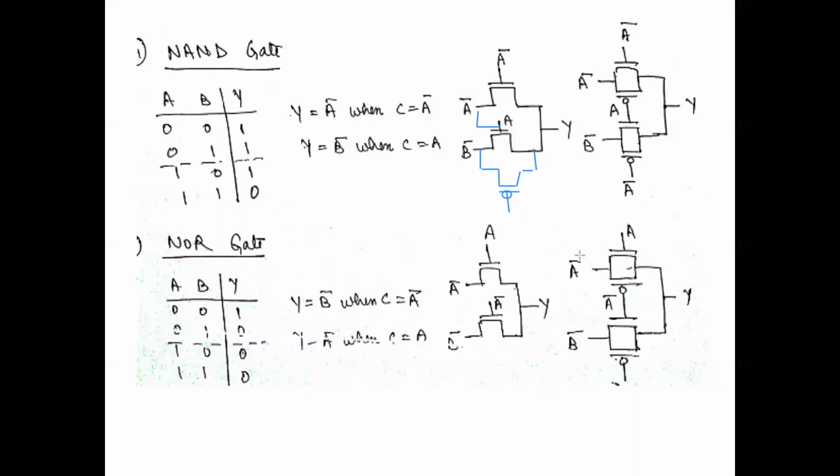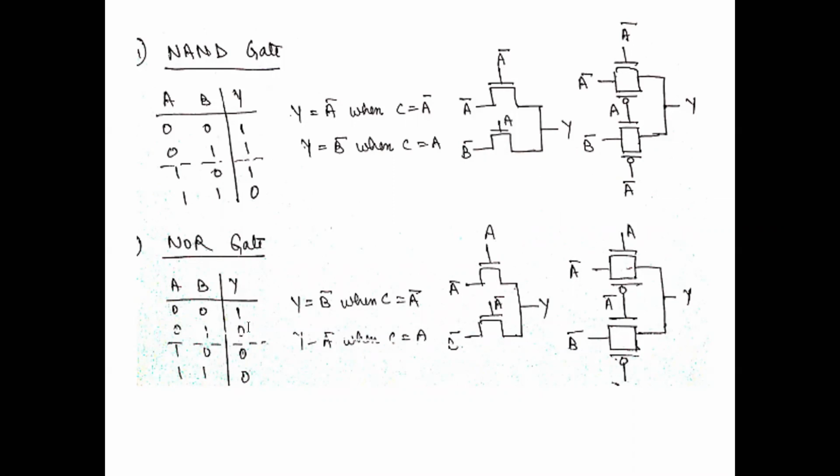This represents the P transistor. See, this is a P transistor for this. The control signal was A here, so the control signal here becomes A bar. Similarly, here we have to draw a P transistor, and the control signal for that P transistor becomes A, because for N it was A bar. Sorry, for P it becomes A.